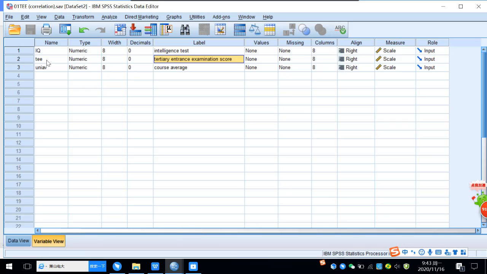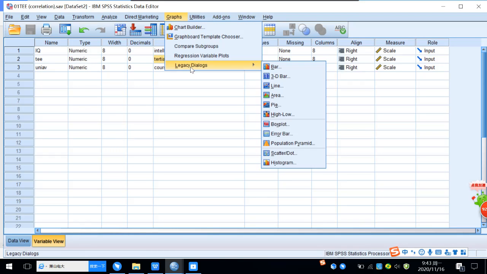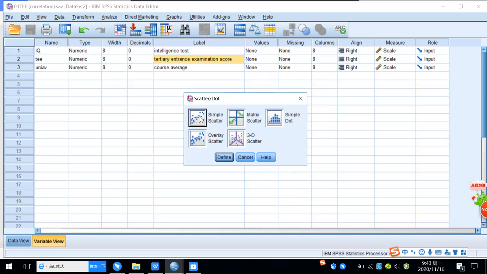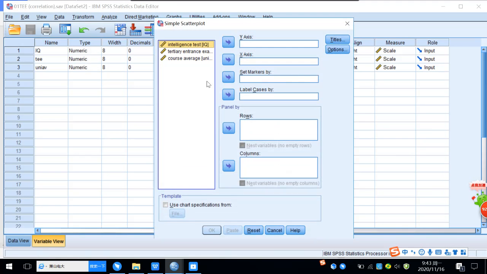Okay, so here we firstly draw a scatter plot. Draw a graph here. Legacy dialogs, Scatter, Simple Scatter, Define. Here, whether a positive relationship exists between IQ and ITT.